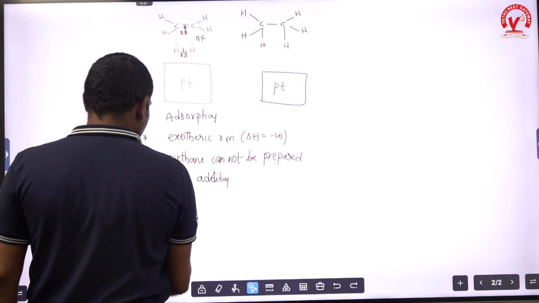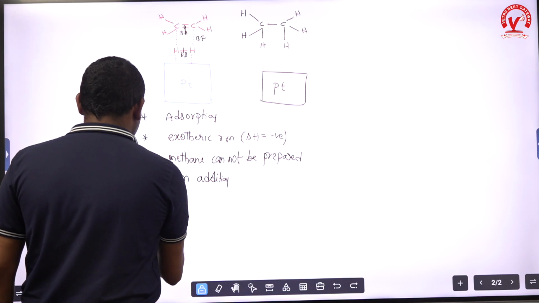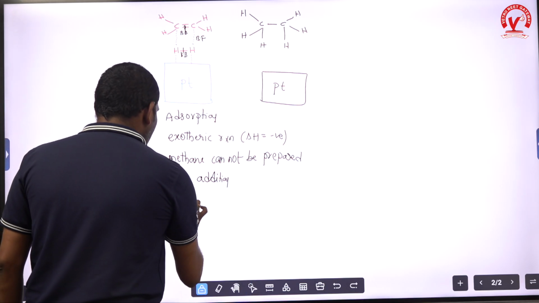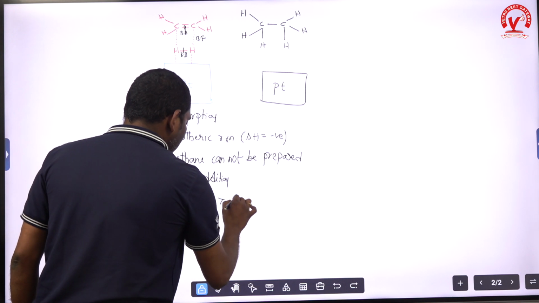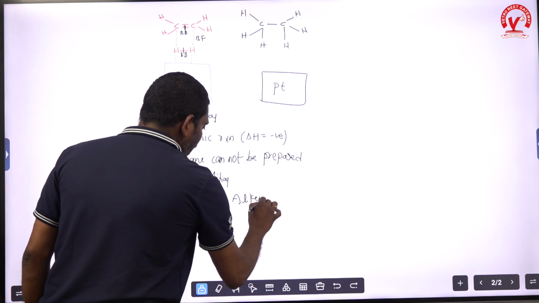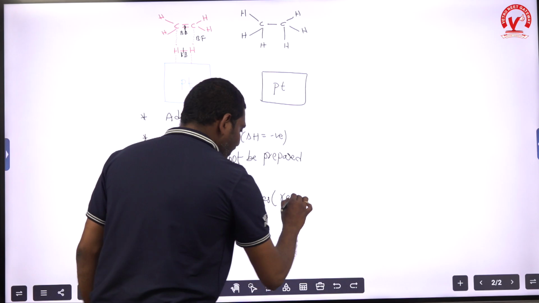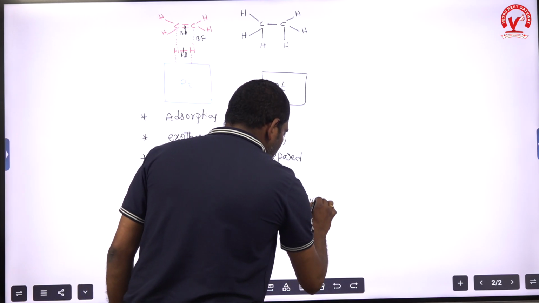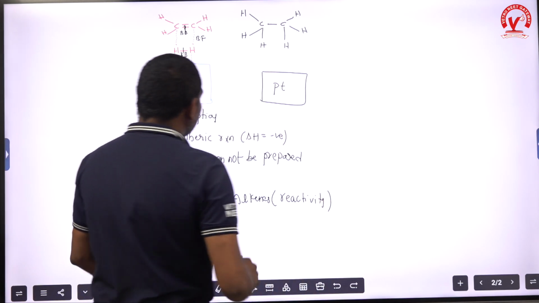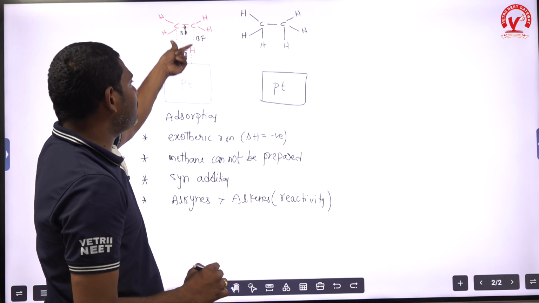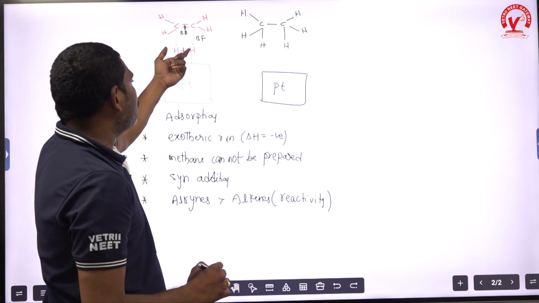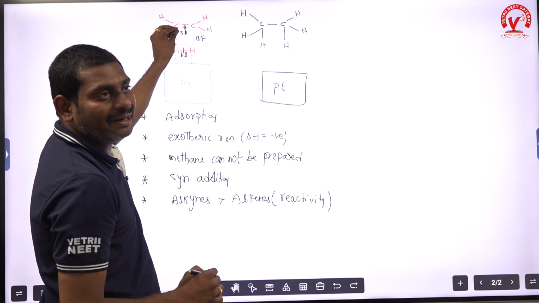And if we go to the reactivity, alkynes are more reactive than alkenes. This is the reactivity order. Why? Because this is the syn addition, so the two hydrogens will attack on the same side, wherever there is less steric hindrance.